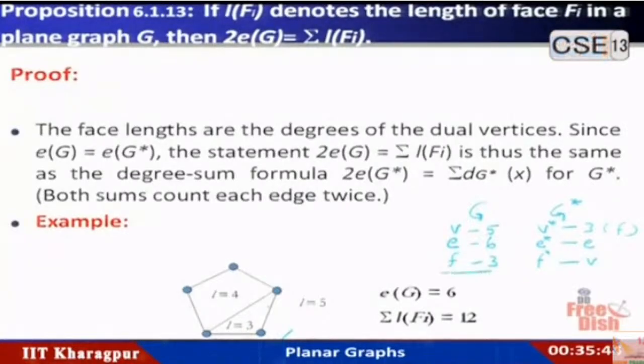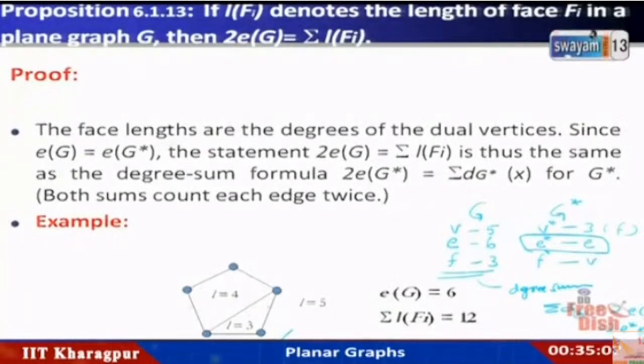In the original graph, you know that the degree sum formula is applicable. The degree sum formula says that the sum of degrees of that particular graph is nothing but 2 times the number of edges of the graph. Now here this edge count E is the same as E star, so that becomes 2E star in the dual graph G star.